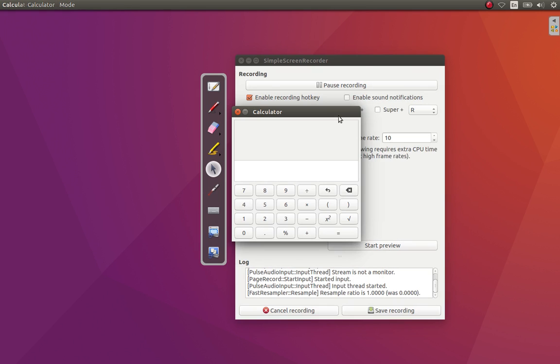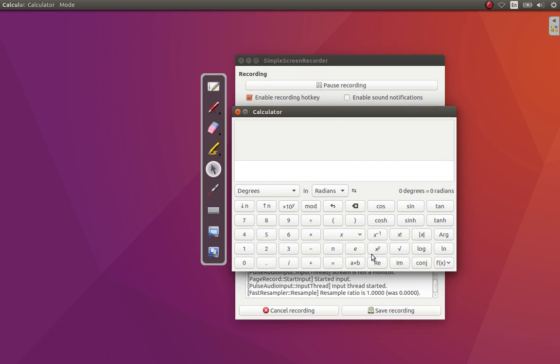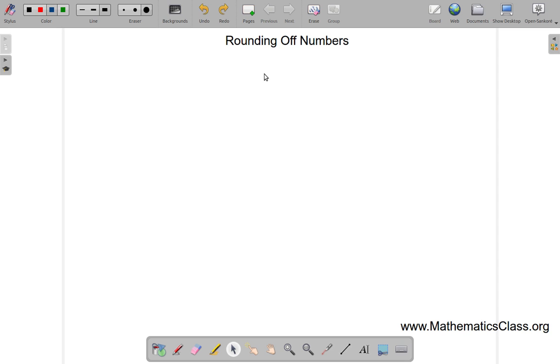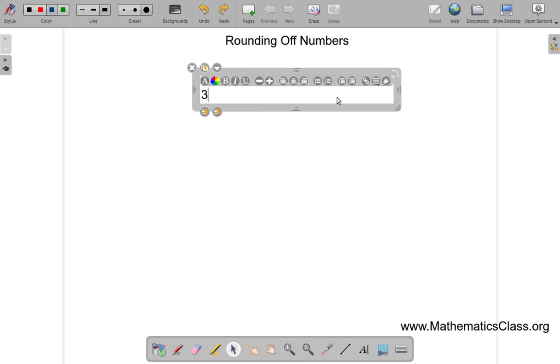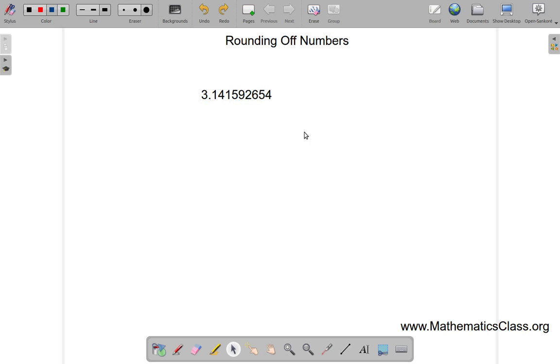Again, I remember, but I just want to take a look at it. Pi equals 3.141592654. Let's write that down. Pi is 3.141592654.